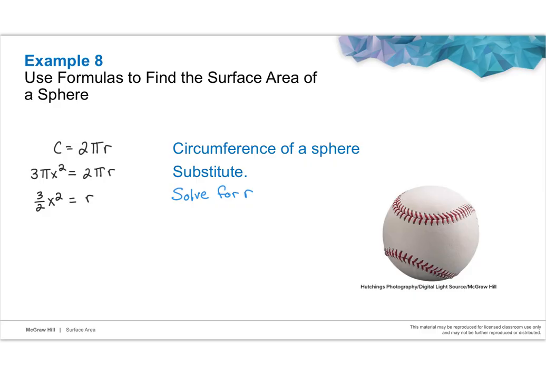And so we're going to divide both sides by 2 pi. And notice, of course, that the pi values will divide out on the left-hand side, leaving us with just 3/2 x squared as our expression for r.